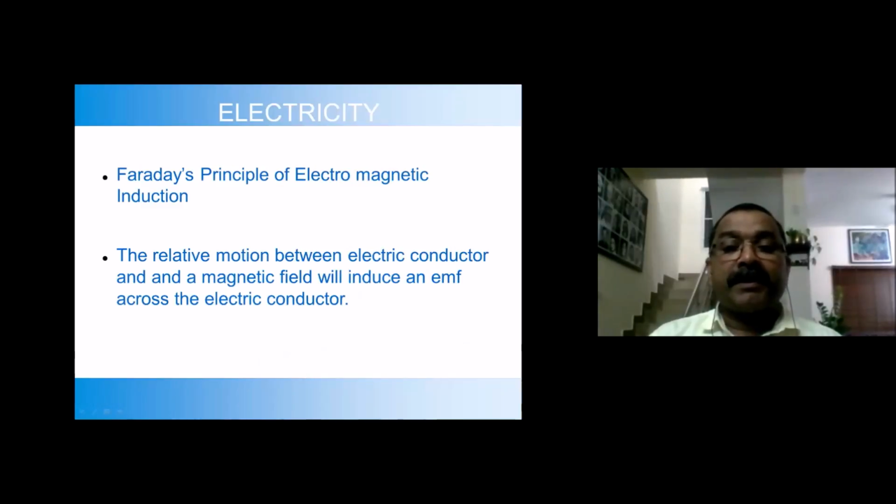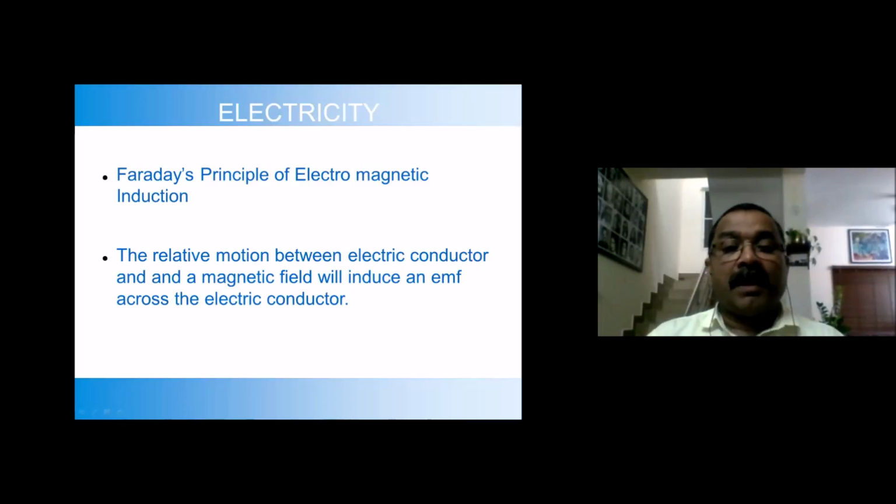The generator is made out of Faraday's principle of electromagnetic induction. Faraday found out this principle, and the generator is made of this principle.